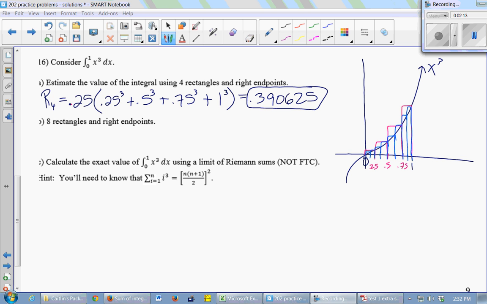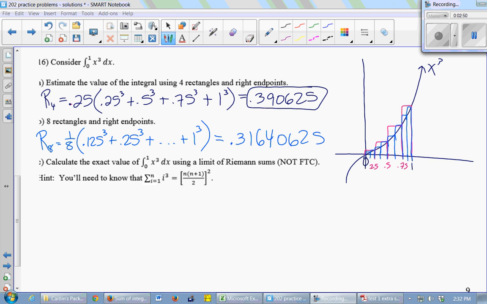So this time, the width of each rectangle is 1/8. And then the height of my rectangles is the height of the function at the right endpoint of each interval. So I'm going to have 0.125 cubed, plus 0.25 cubed, plus my next one, and so on, up to 1 cubed. And that comes out to 0.31640625.